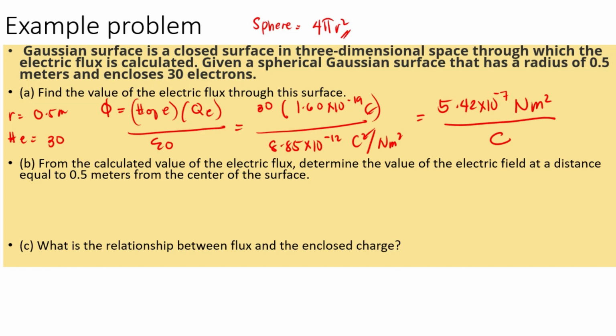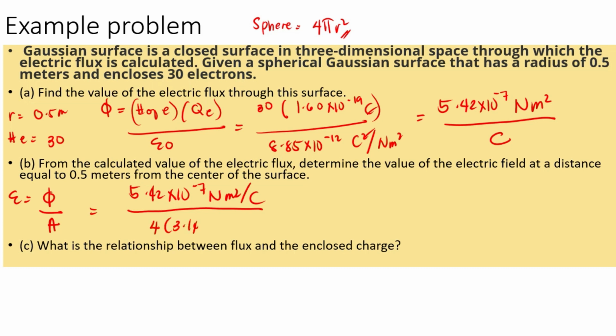Using the formula for electric field, E is equal to your electric flux divided by A. Substitute, we have 5.42 times 10 raised to negative 7 Newton meter squared per Coulomb divided by 4 times 3.14 times 0.5 meter squared.